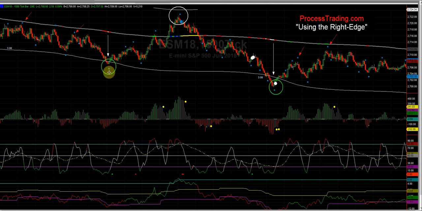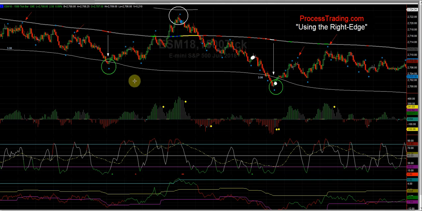And the way that we take our trade, as far as the trade management goes, is the bar that has the timing alert dot, we look to the previous bar and we place our stop 1/2 point below the low of the previous bar. That gives us a low risk, tight stop, and a potential large gain.